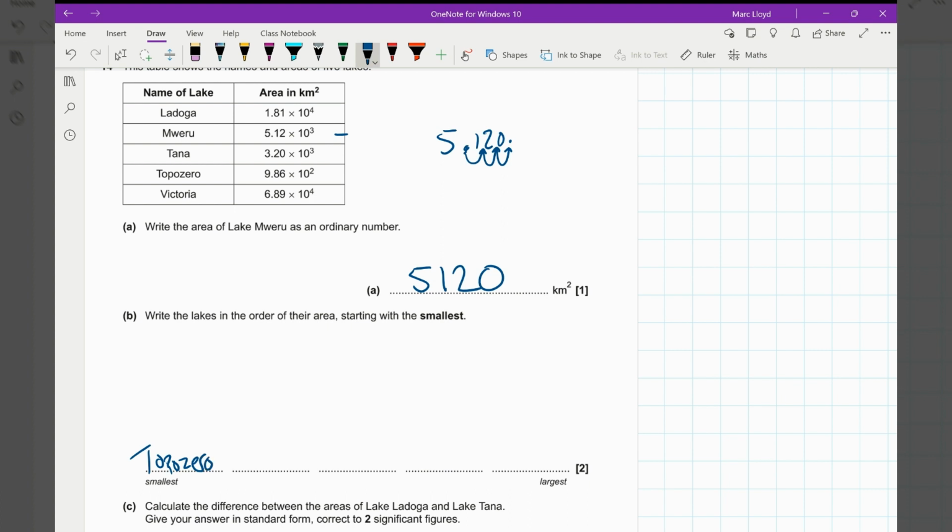The next one, Tana, because it's got times by 10 to the power of 3, compared to our friend Muweru. That one is the middle one. It's bigger than Tana because it's got a bigger part on the 5.12 element. And then we've got 2 that are multiplied by 10 to the power of 4, but Ladoga. And then finally one I can pronounce, Victoria, goes there.